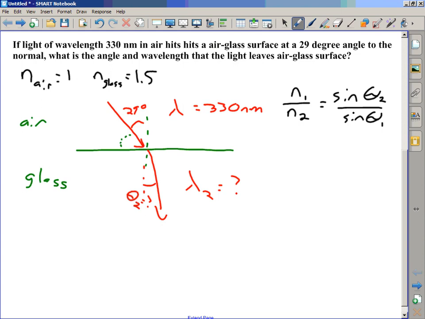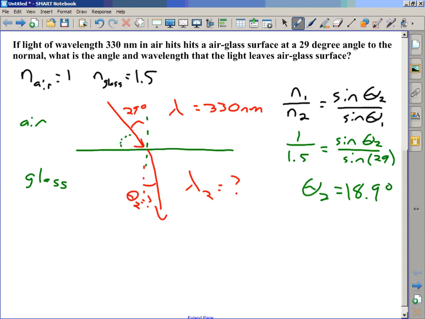So this is 1 over 1.5 equals sine theta 2 over sine of 29. What's theta 2, please? 18.9 degrees.